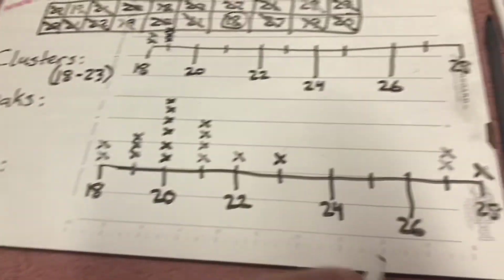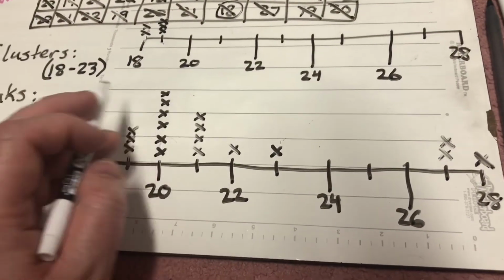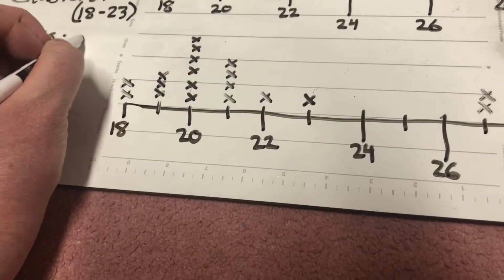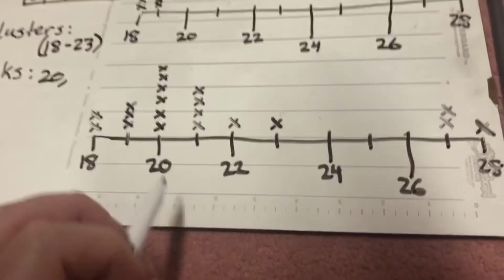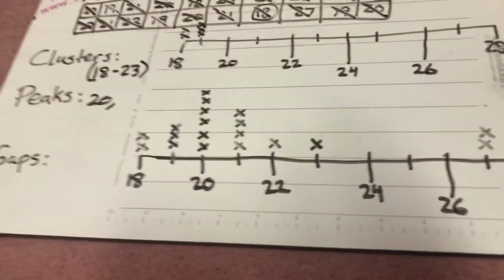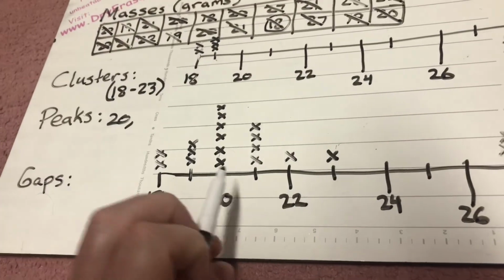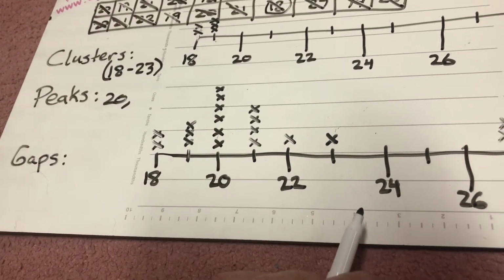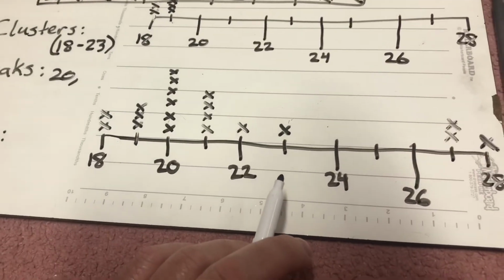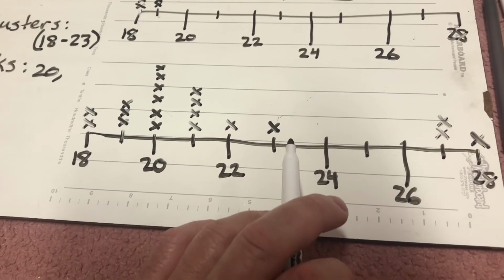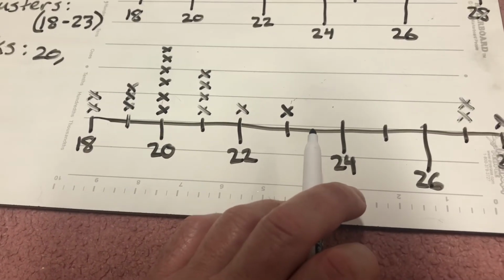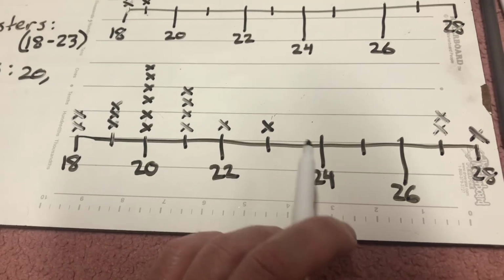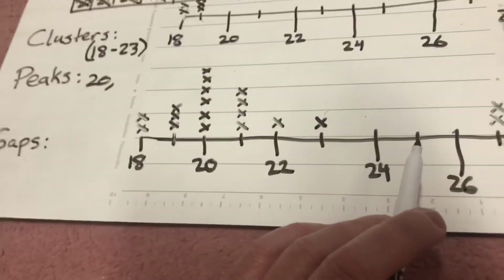Now we look at our peaks. Peaks would be the high point. And I see that 20 is a peak. 6, that's my high point. If I had another one that was 6, I would put that right there with the peak. But it's the only one I have, so I'm just going to put peak. Now when I have a gap, it shows a gap of at least about 3.